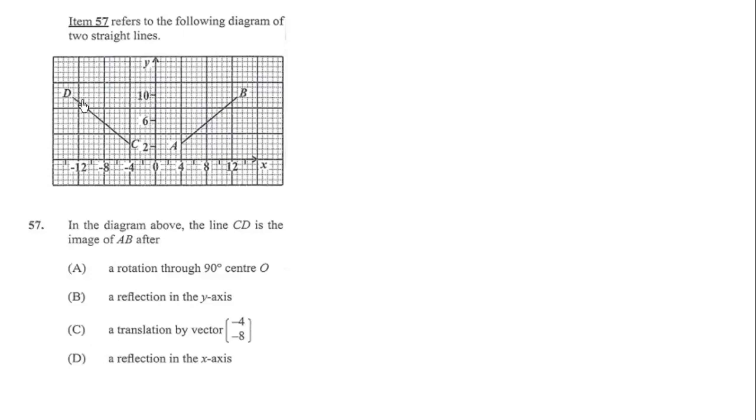We can see that after this 1, 2, 3, there's 1 unit beyond, also 1, 2, 3, 1 unit beyond. So we can see that this is a reflection in the y-axis. So the correct choice is option D, the reflection in the y-axis.